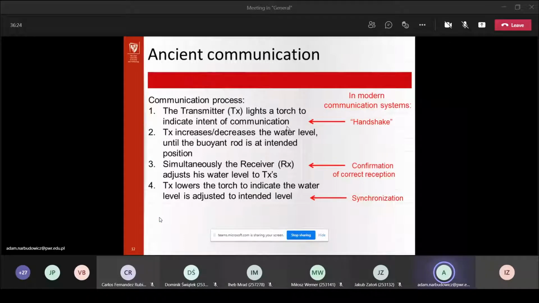And in modern terms, we would describe this with this terminology, right? So first of all, when one side lights the torch to indicate, hello guys, we want to talk with you, this is what's nowadays called a handshake, right? And again, a similar thing would happen when you dial a number on your mobile phone or start, I don't know, browsing some data.